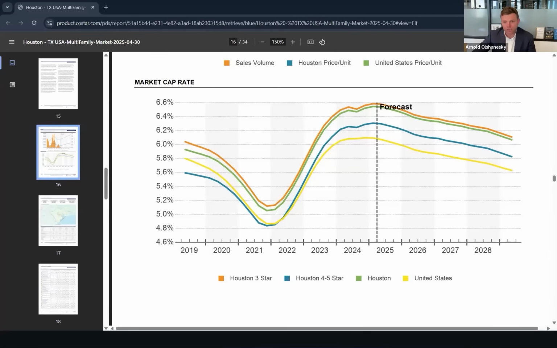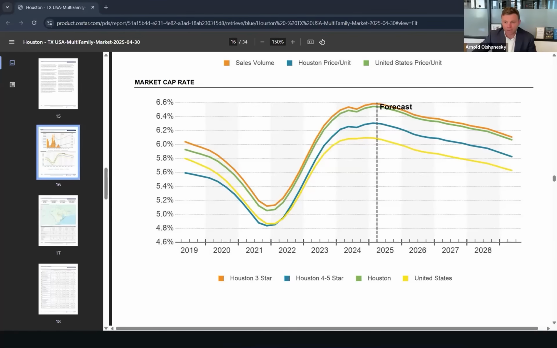And you can see there's a couple of lines here, right? So you have Houston 3-star properties. These are some of the older build properties, and it's showing that the cap rates now are trading at about a 6.5 cap. And it shows that by 2028, we should see somewhere around 6.2.